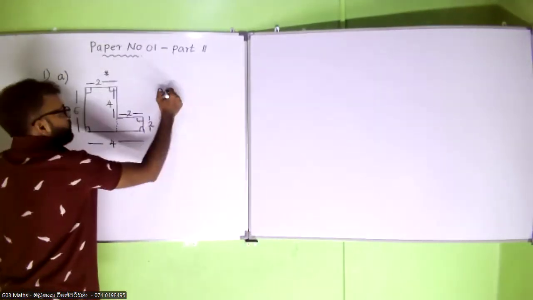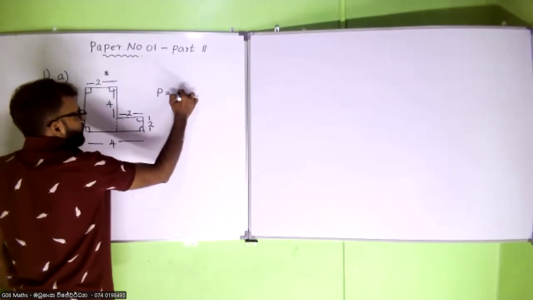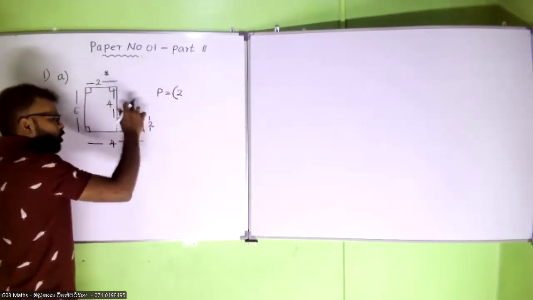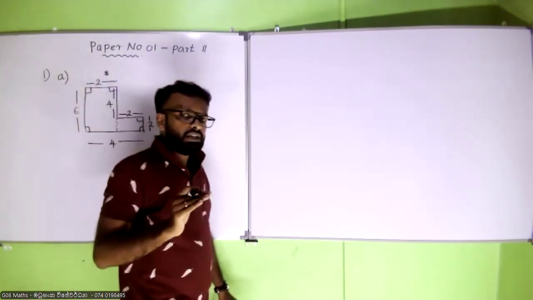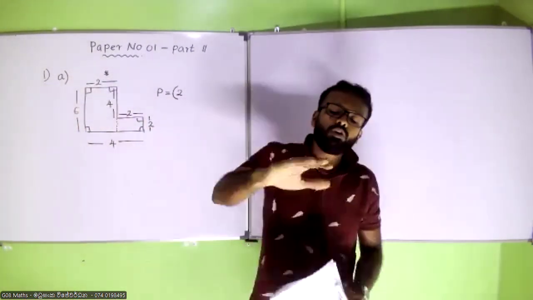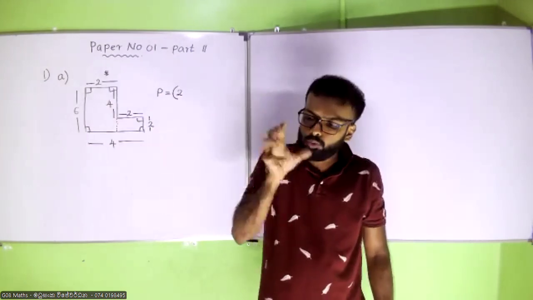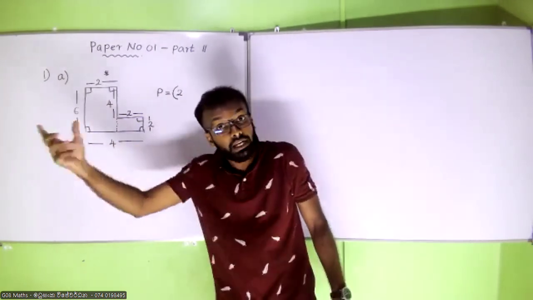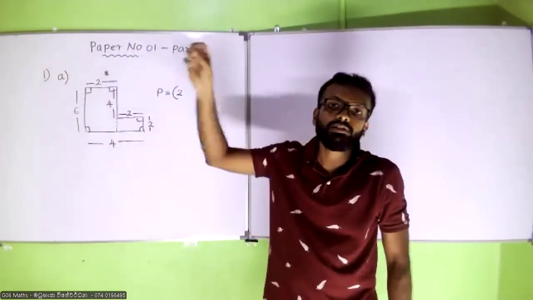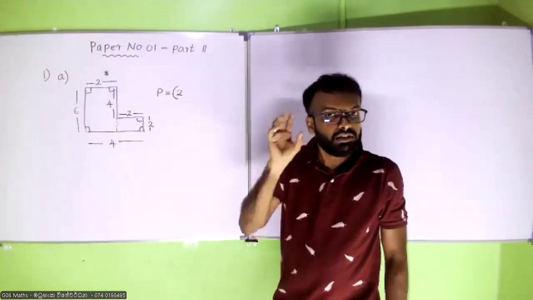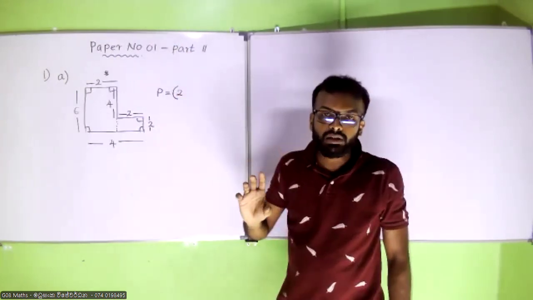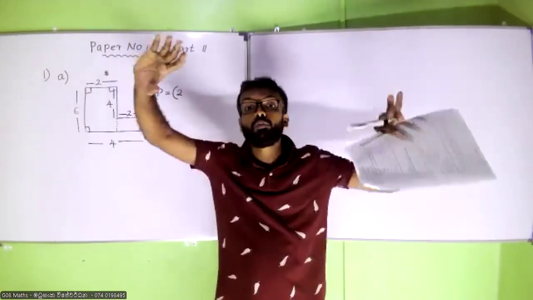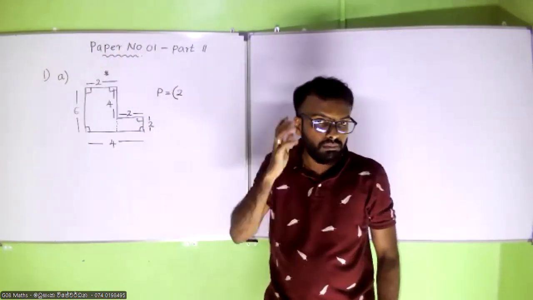So this is 2. All the lengths are centimeters. I am not going to write each and every time 2 centimeters plus 4 centimeters plus 5 centimeters and so on. Centimeter is a common term, so I will take it out of the bracket. Keep that in your mind.